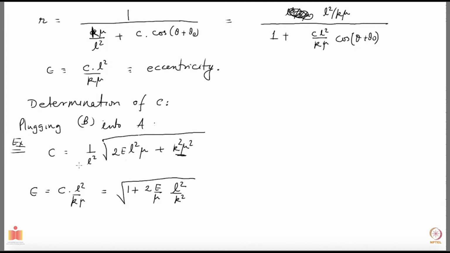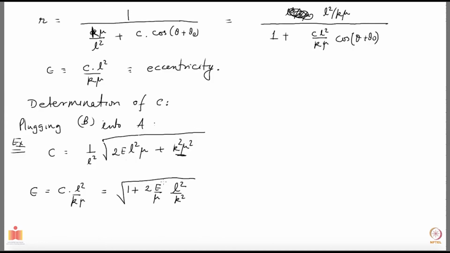Then you have 1 over L square, and there is an L square in the numerator, so that also gets cancelled, and what you're left with is 1 plus 2E L square mu over K square mu square, which is just this. So that's what your epsilon is. That's the eccentricity. That's good.